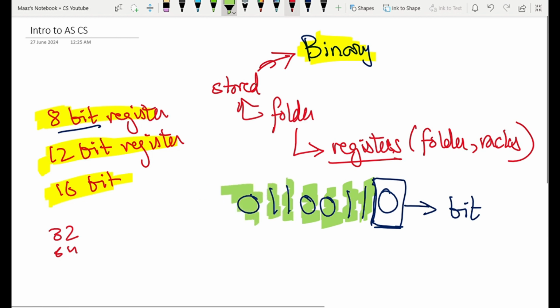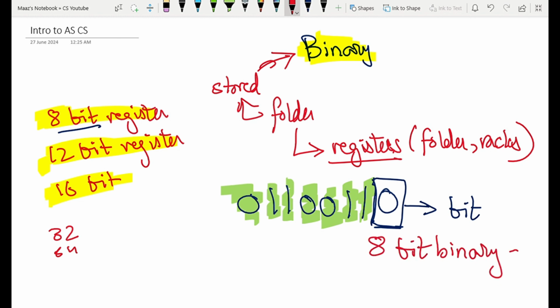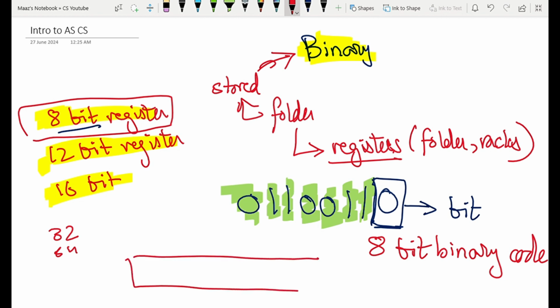So what do we get up here? We have an 8-bit binary code. And to store this 8-bit binary code, we need an 8-bit register. An 8-bit register would be a slab like this, which is going to have 8 portions: 1, 2, 3, 4, 5, 6, 7, and 8.